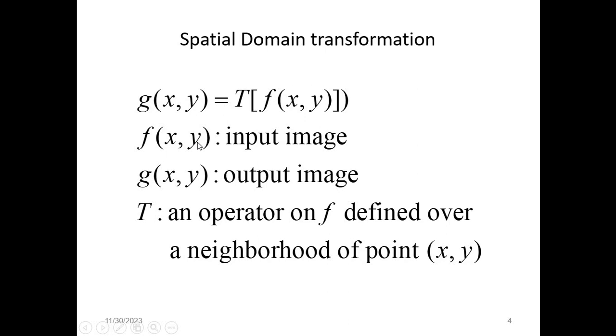So f of x comma y is a two-dimensional array or matrix that represents the image for all the values of x comma y, whereas g of x comma y is another two-dimensional matrix we are using to represent the output image. So this modified image g of x comma y is the result of what? The application of the transformation on the image under consideration for image enhancement, defined as f of x comma y.